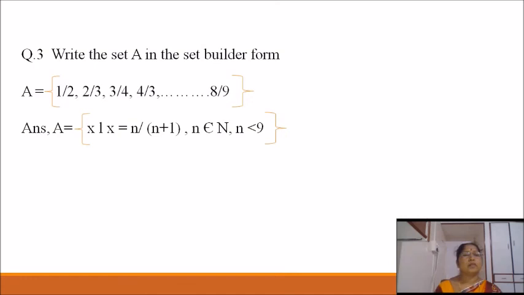Therefore, we can write the set as A equals the set of all x such that x equals n/(n+1), and n belongs to natural numbers, and here the numerator is strictly smaller than 9, that is, the last numerator is 8.